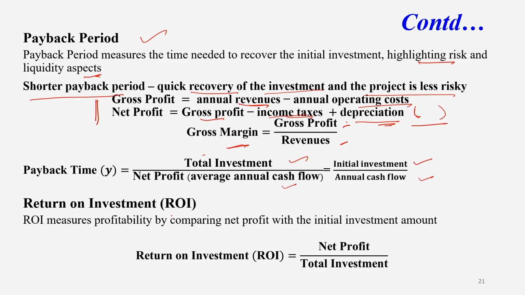Another calculation is the return on investment. It measures profitability by comparing the net profit with the initial investment amount. It is the ratio of net profit divided by total investment.